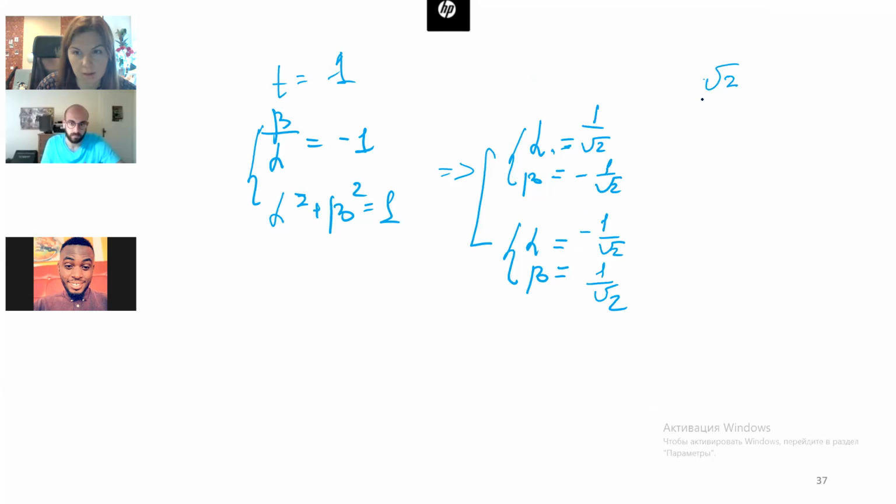You mean this one? No, the square root of half. Yes, that will be the same. So you may use the square for the whole equation, or like this, it will be the same. If alpha is equal to beta, then I don't know.